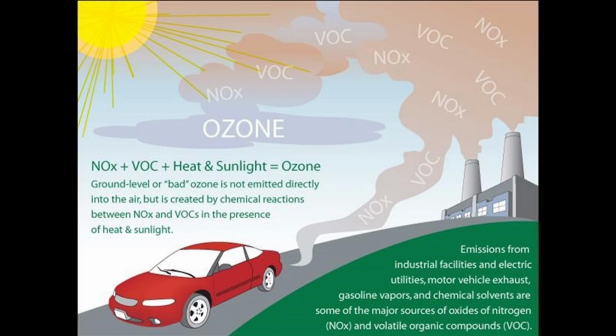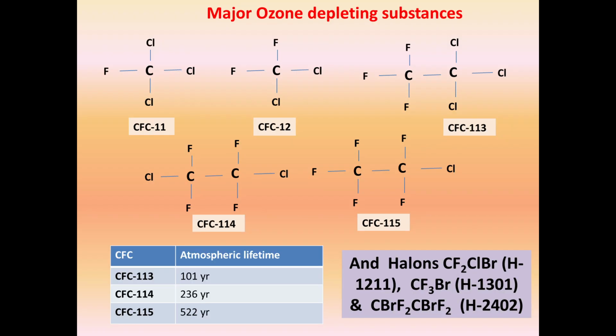Next is one of the most important things, because many students are confused regarding the formula of the ozone depleting substances like chlorofluorocarbons and halons. There are five types: CFC11, CFC12, CFC113, CFC114, and CFC115.